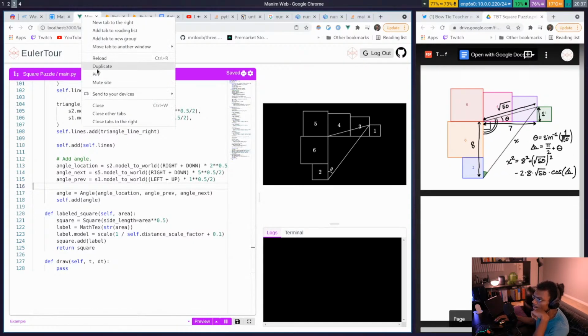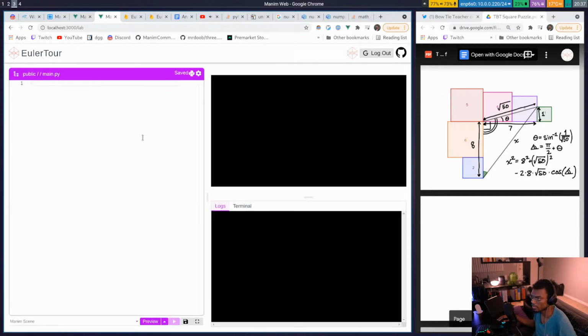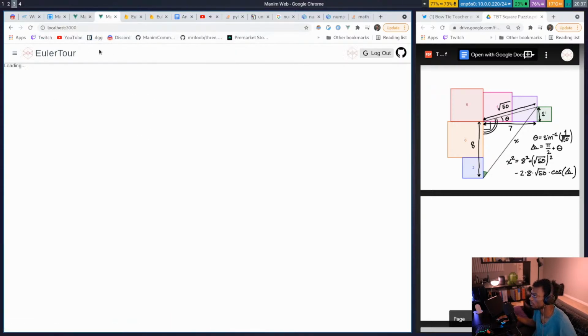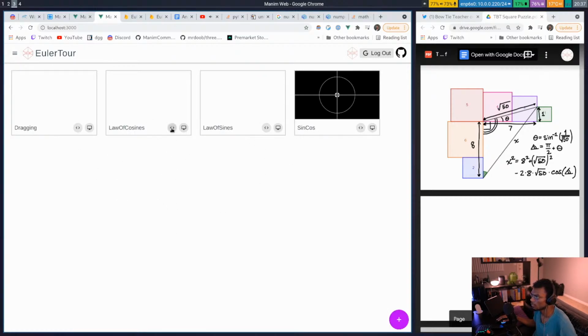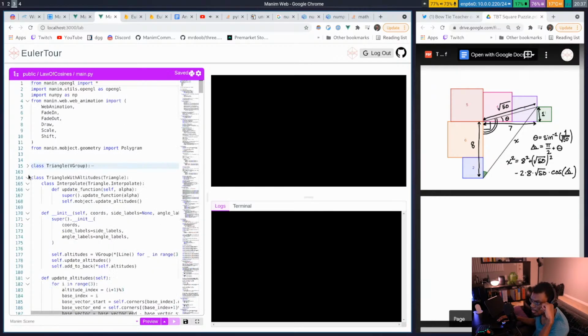Let me start by getting a distance indicator, which I think I can take from the law of sines code, or law of cosines code. How would I call that?